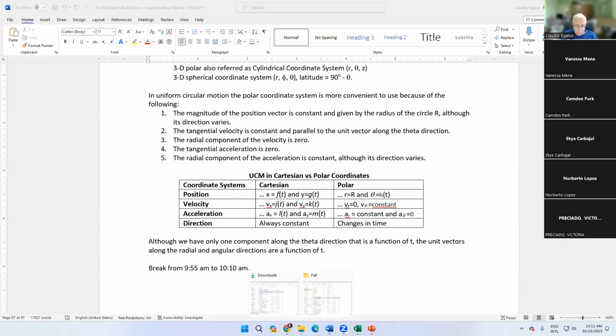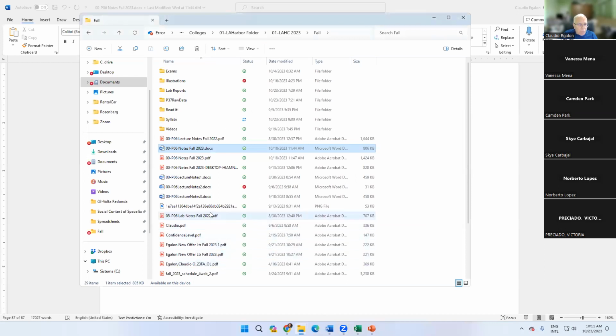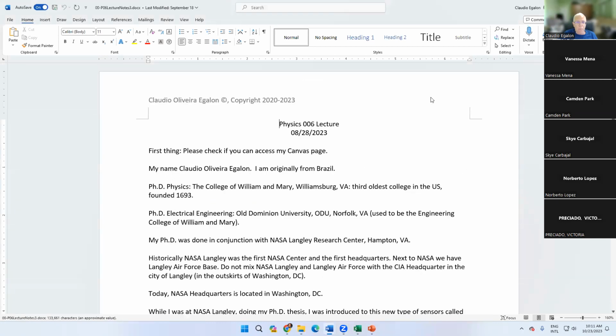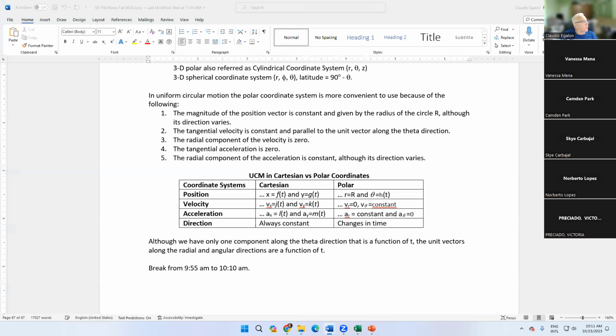Okay, I'm back here. Now I'm going to do the detailed mathematical approach for this problem, and some of it I'm going to repeat from what I put on the table.